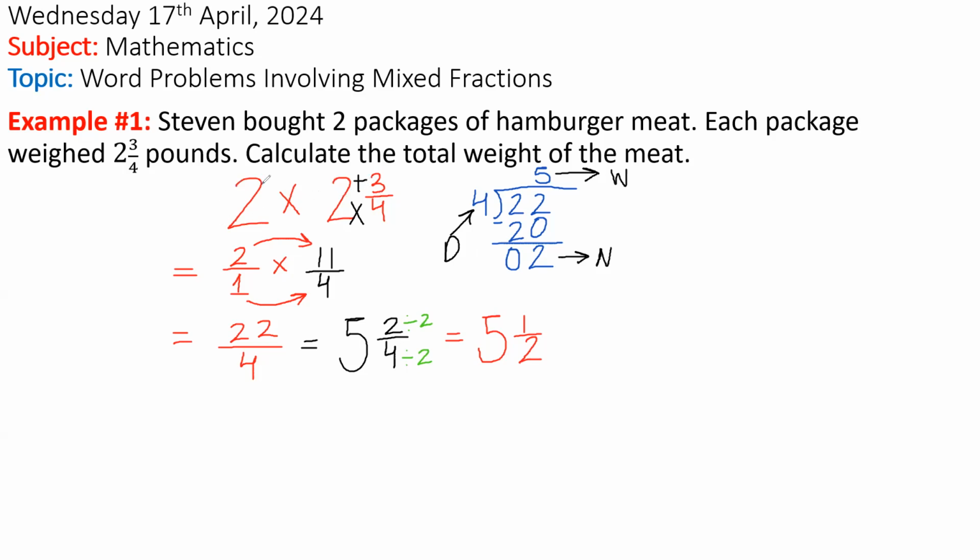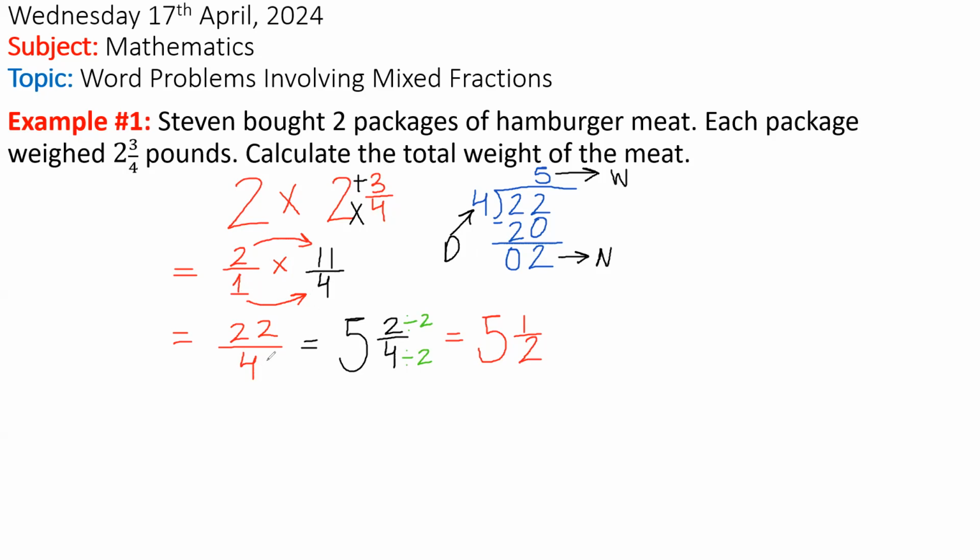The first thing we're going to do is take this 2 and put it as 2 over 1. So we have 2 over 1 multiplied by, we change this mixed number into an improper fraction. So we say 2 times 4, which is 8, plus 3, which is 11. And so we're dealing with 11 over 4. So we say 2 times 11, which is 22, and then 1 times 4, which is 4.